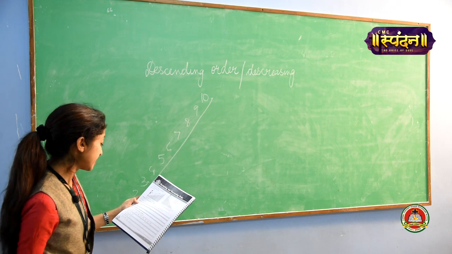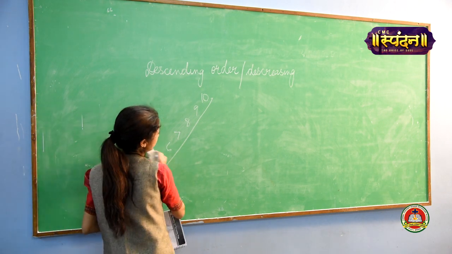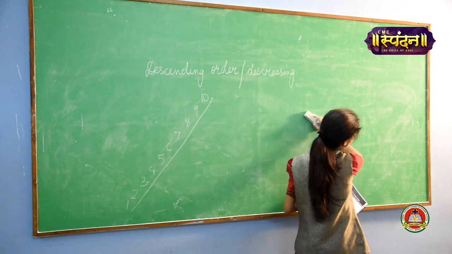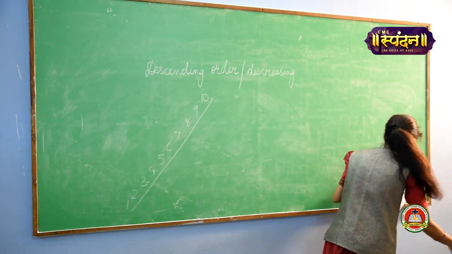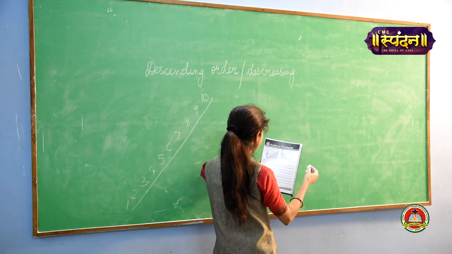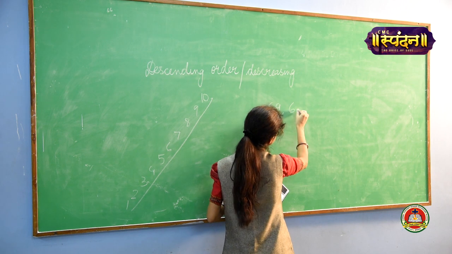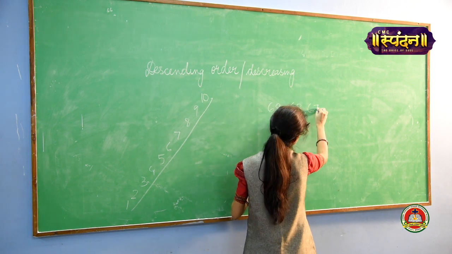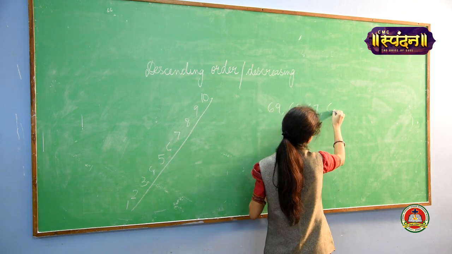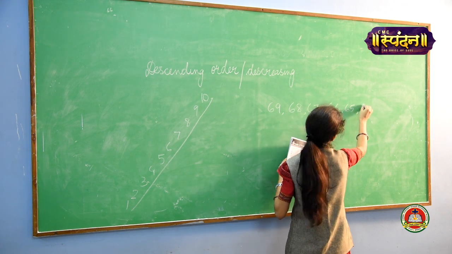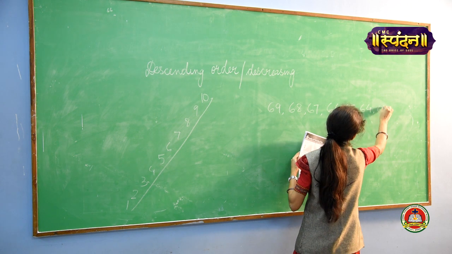Now, write in descending order, we have to write from 69 to 63. So, 69 to 63, we are going to write 69, back counting 68, 67, 66, 65, 64 and 63.